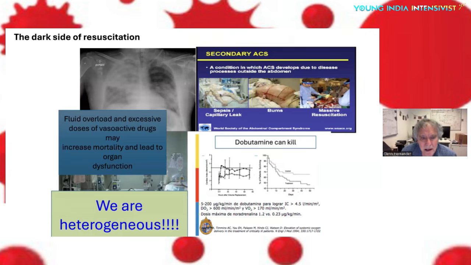Resuscitation can kill via fluid overload, which impairs organ function and increases mortality, and also lungs, kidneys are affected, essentially microcirculation, the liver also. Excessive doses of vasoactive drugs can produce excessive vasoconstriction and can induce injury to the heart, etc. We are heterogeneous. Resuscitation can kill. So we have to be gentle.